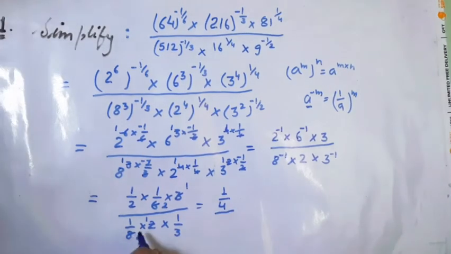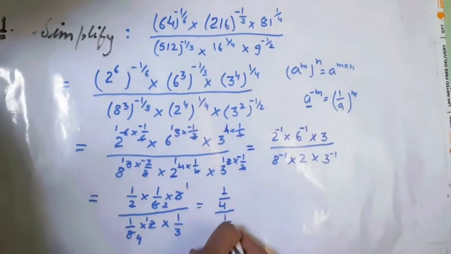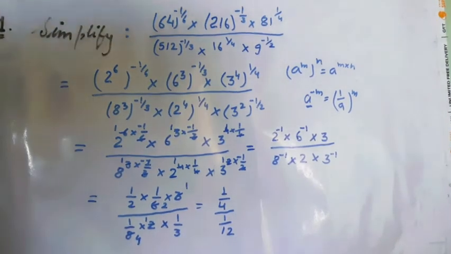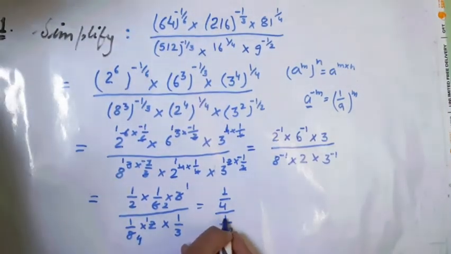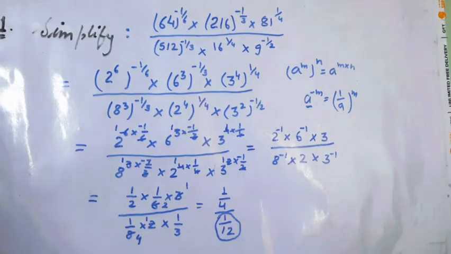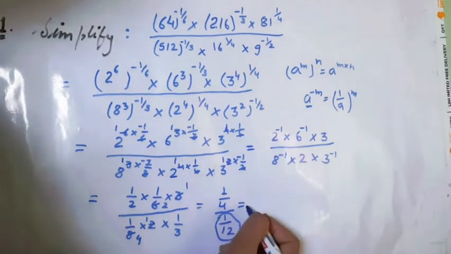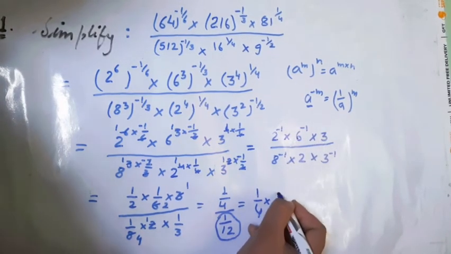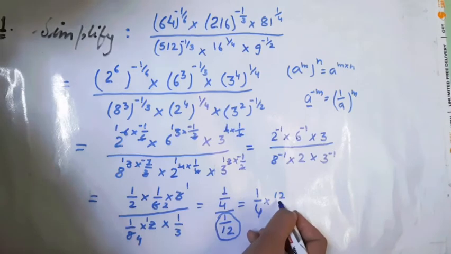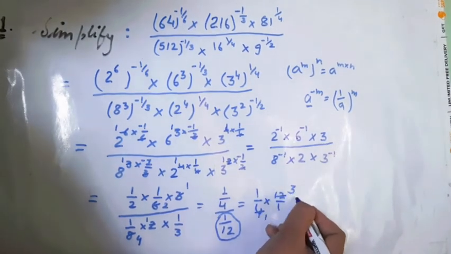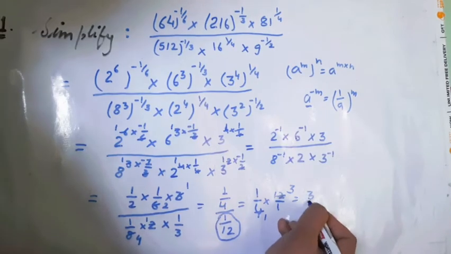Whole divided by 1 upon 4 threes are 12. Now, to simplify it, take the reciprocal of the denominator. So it will be 1 upon 4 multiplied by 12 upon 1. 4 ones are 4, 4 threes are 12. The answer will be equal to 3.